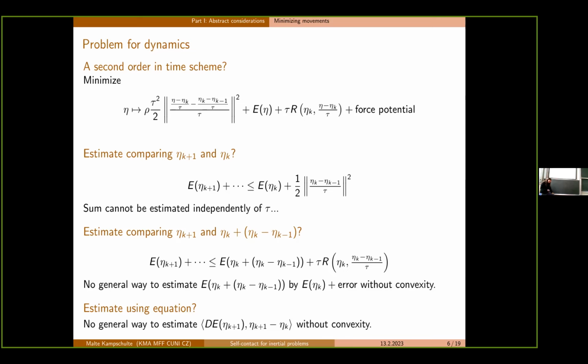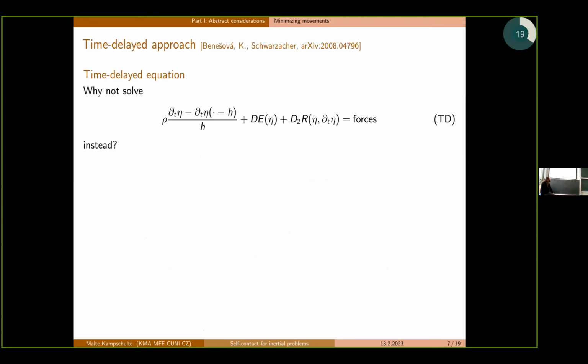And we thought long and hard about this until we had this weird idea to do both. To have a time step and a continuous equation, which is this weird monstrosity, which looks like the problem with inertia.